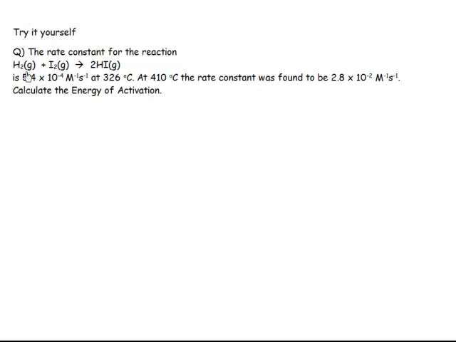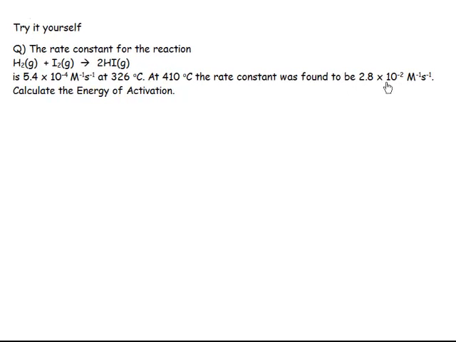The next one, the rate constant for the reaction H2 plus I2 giving you 2HI is 5.4 into 10 to the power minus 4 dm cube per mole per second at 326 degrees Celsius. At 410 degrees Celsius, the rate constant was found to be 2.8 into 10 to the power minus 2 liter or decimeter cube per mole per second.